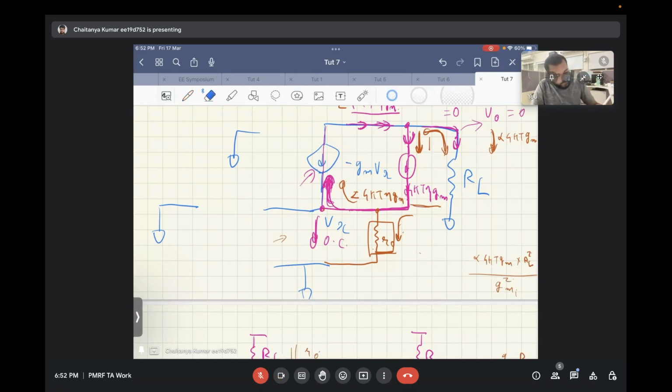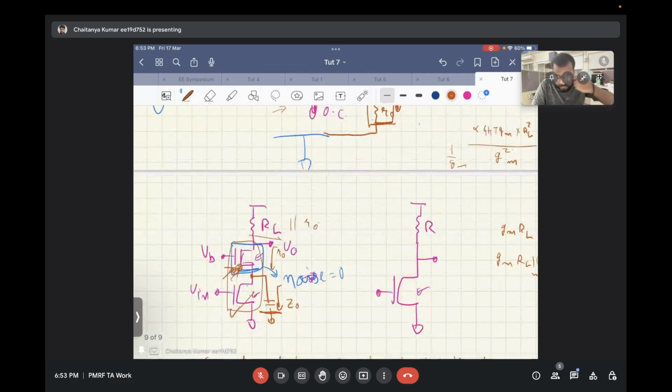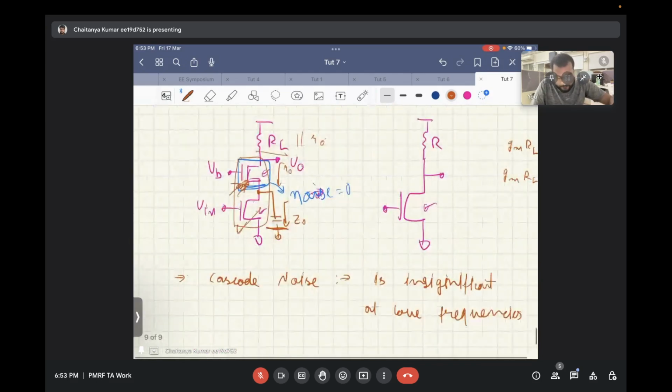This was GM itself. So in this case, we see that again it's inversely proportional to 1 by GM. So with this, we can show that if we size these two transistors accordingly, we can reduce the overall noise from the circuit.